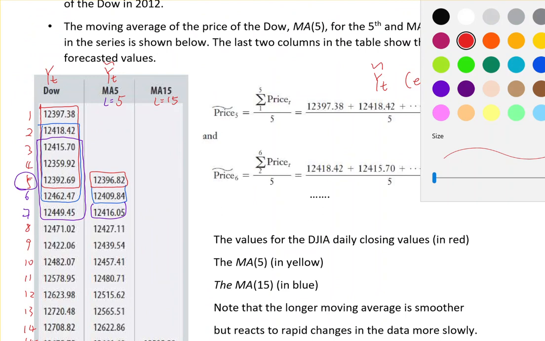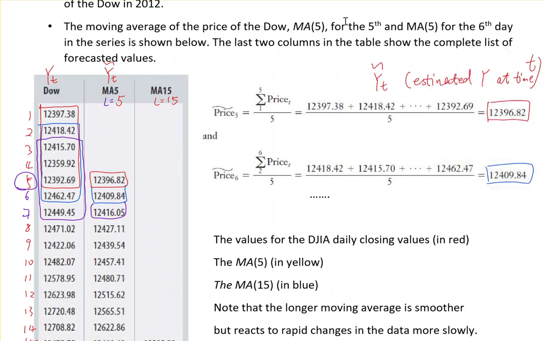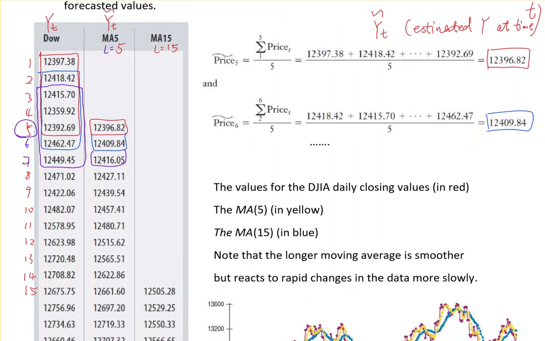And then if L equals 15, what you need to do? You need to average all of these 15 observations. Sum together, divide by 15, and you will get the first value of the estimated value. So this column is also for the estimated value, but now we change L to 15.